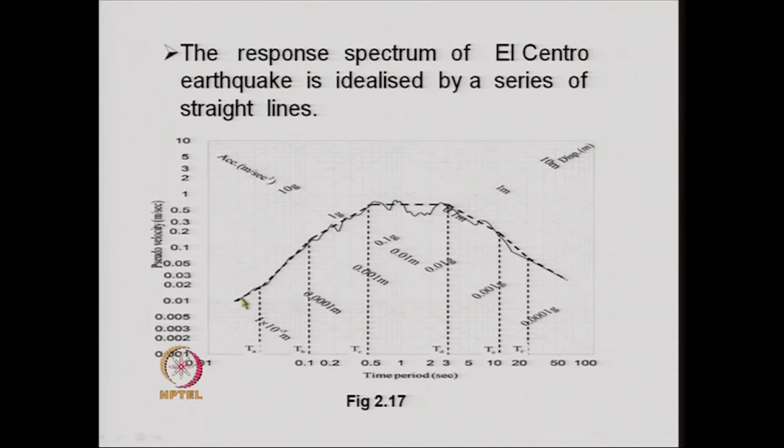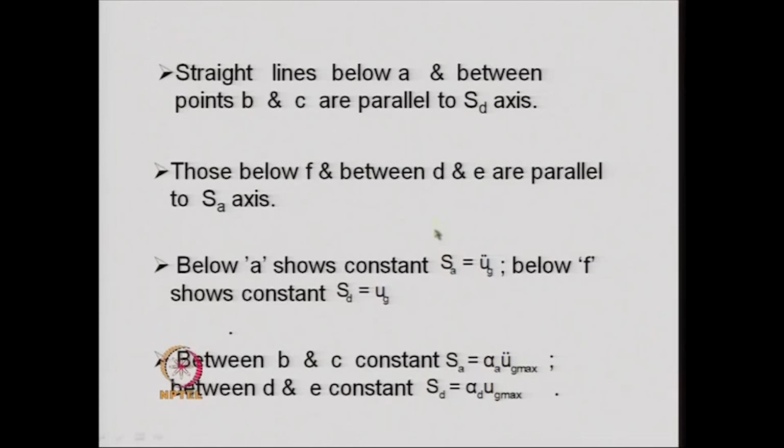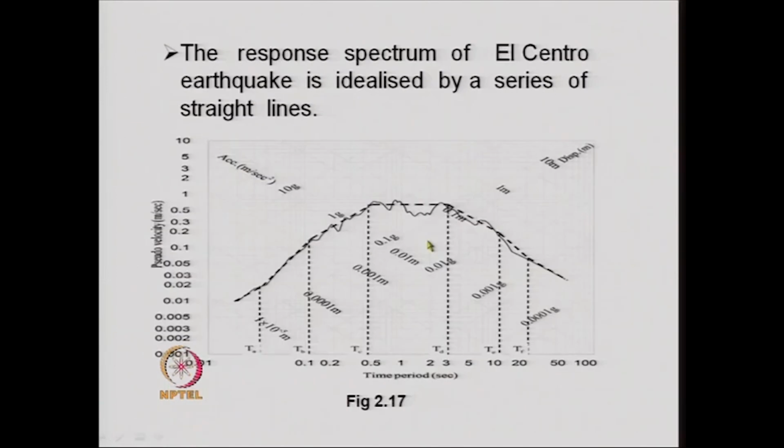Now, each one of these segments represents a certain thing, and that is what we are going to discuss now. The straight lines below A and between points B and C are parallel to the SD axis, that is, below A and between this point and this point.